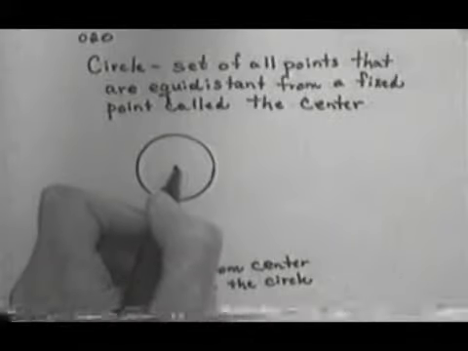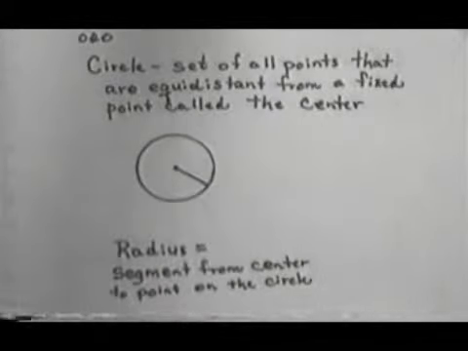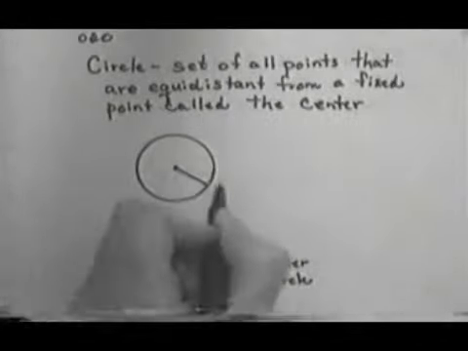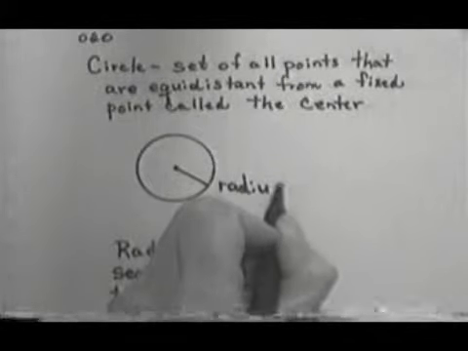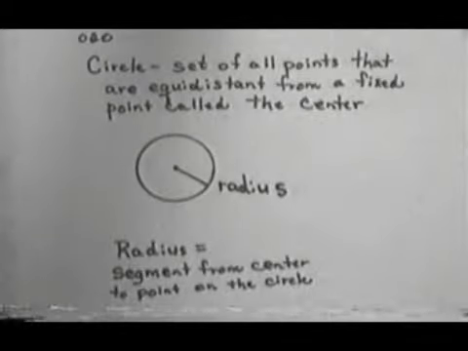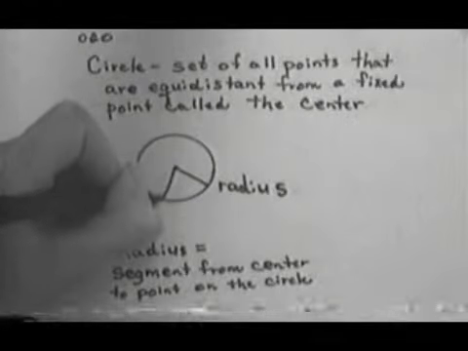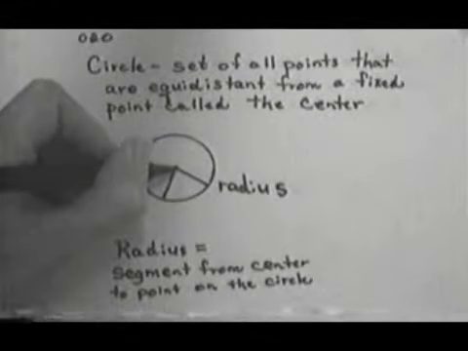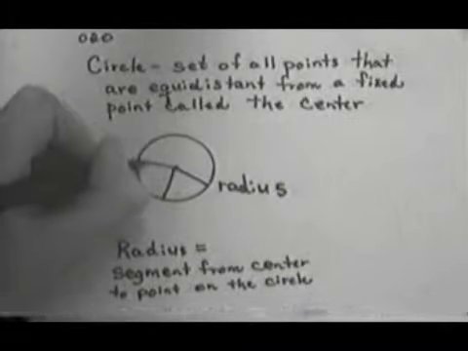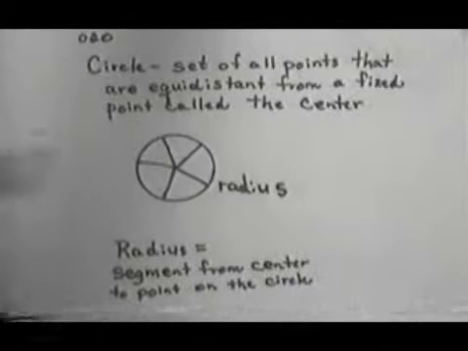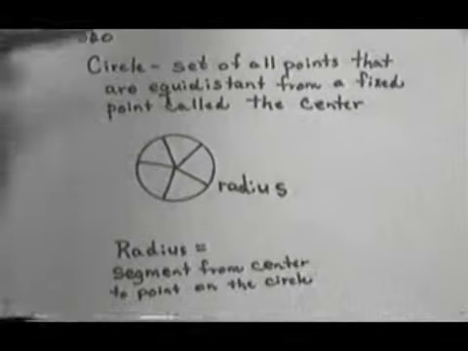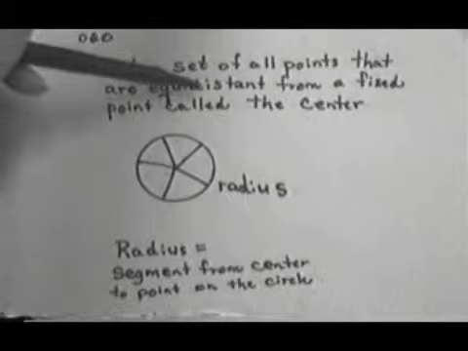If I start at the center and come over here, that particular segment is called the radius of the circle. And I could draw lots of them. Any segment that goes from the center of the circle to a point on it would be a radius.